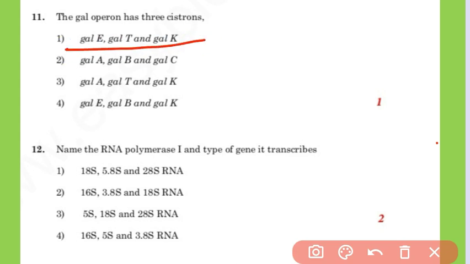Then the next question: name the RNA polymerase first and the type of gene it transcribes. RNA polymerase first is responsible for transcription of ribosomal RNA.